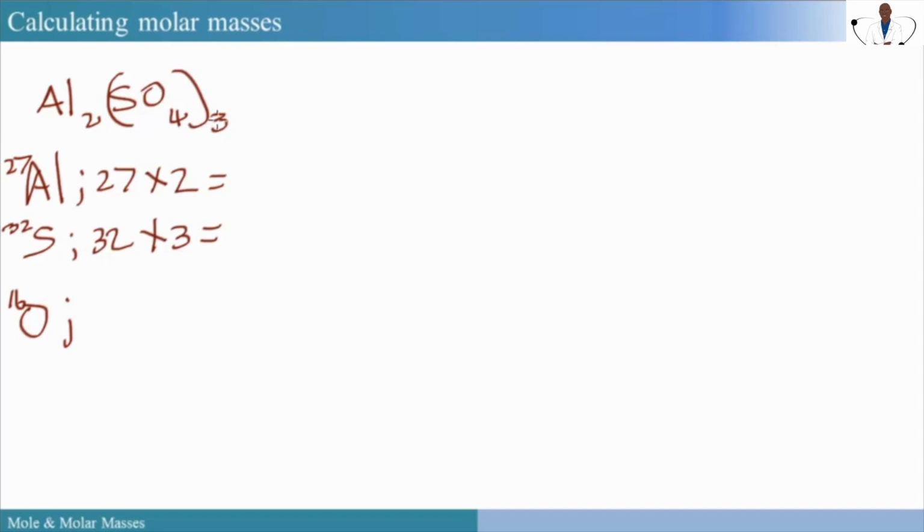But we have 3 times 4, which is 12 times the mass of oxygen. So that would be 16 times 12. And then we would add these values and our unit would be grams per mole.